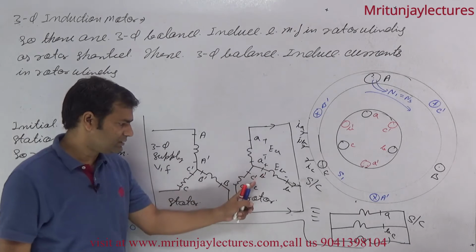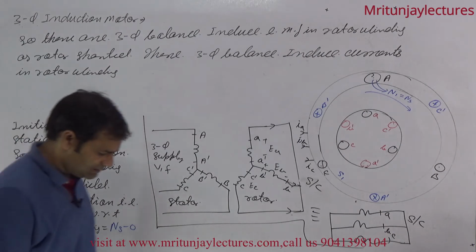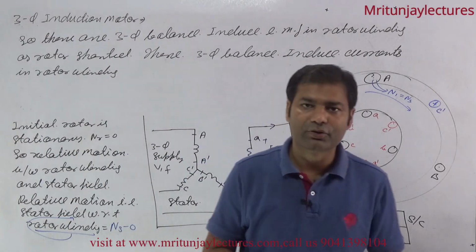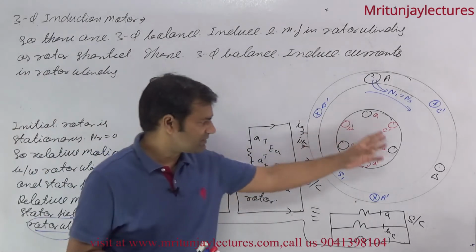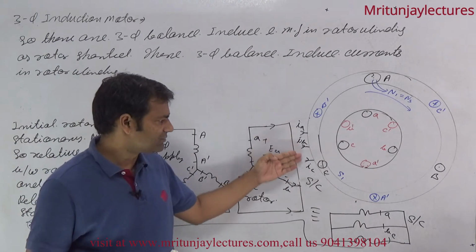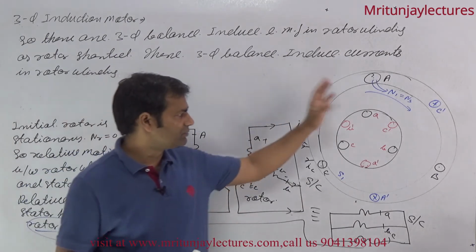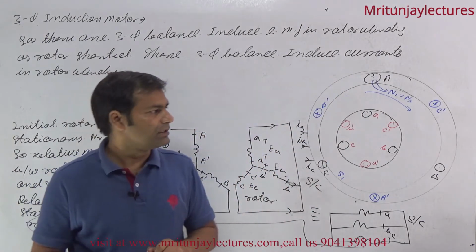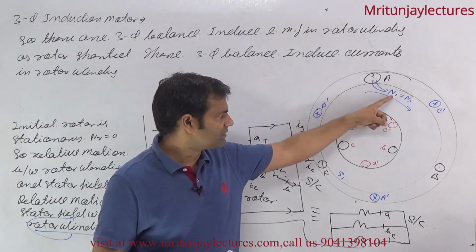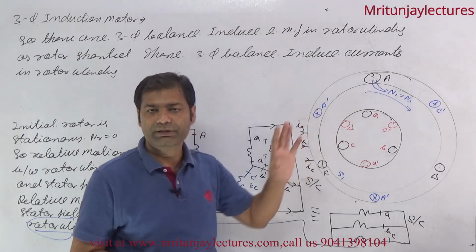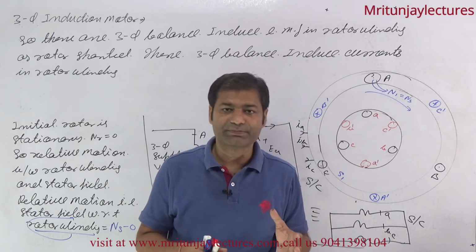Magnitude wise EA, EB, EC are the same because of the three-phase balanced winding. The stator is also a three-phase balanced winding supplied with three-phase current, and relative speed occurs between the stator field and rotor winding. After the relative speed, induced EMF is also generated because of the basic fundamental concept.